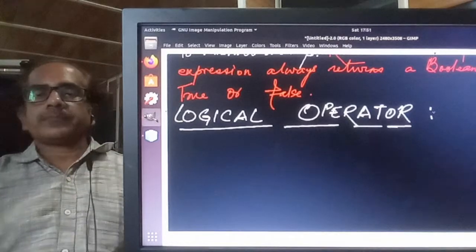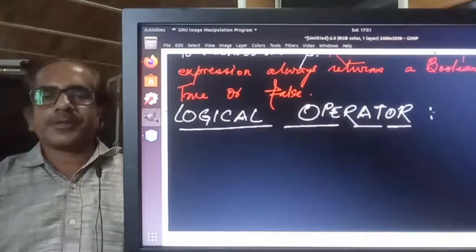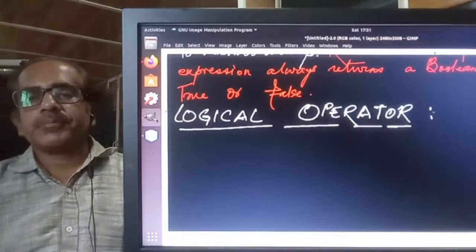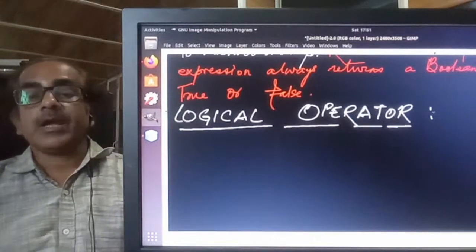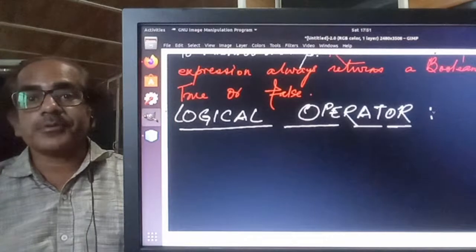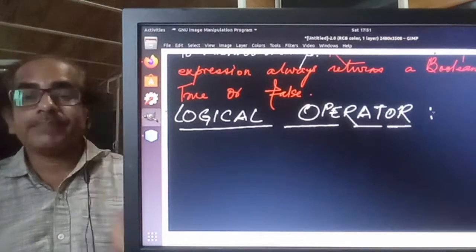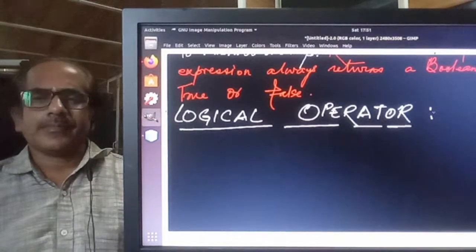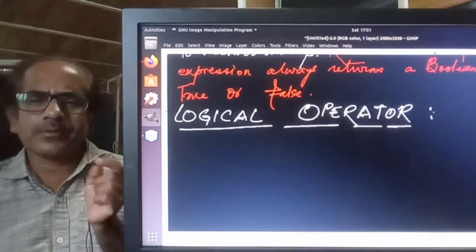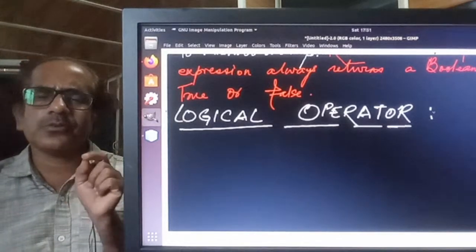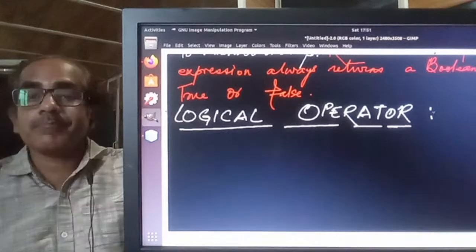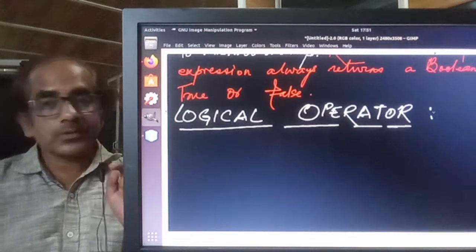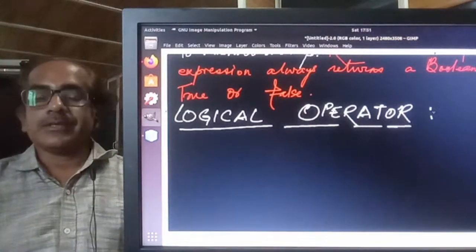See, this logical operator is not used in mathematics. This is purely the concept of higher mathematics and of computer programming. So very carefully you have to understand this. You can use it normally, but in what way are these things working? It is a complete concept of all these things. So this is totally a new thing you are going to study.